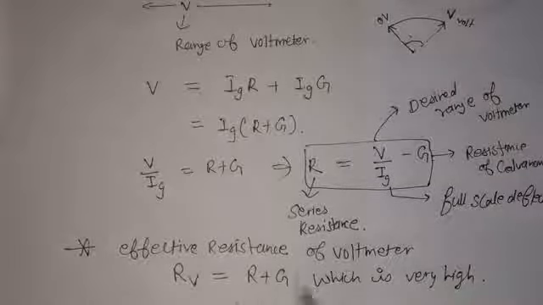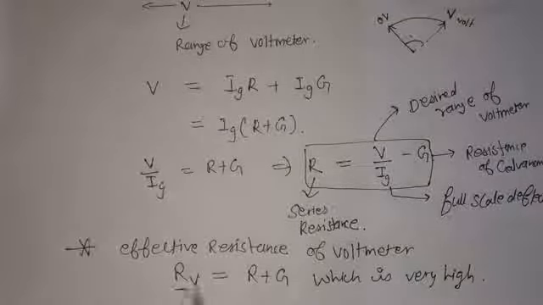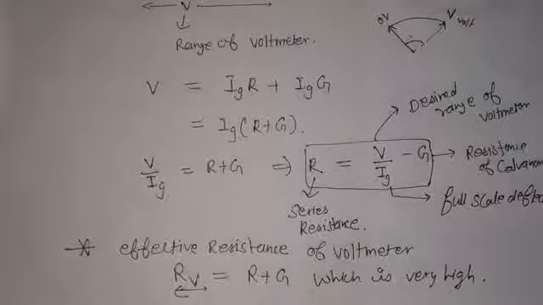Therefore we have a voltmeter with a high resistance, and it is used to measure the potential difference between the two points. Thank you for watching this video.